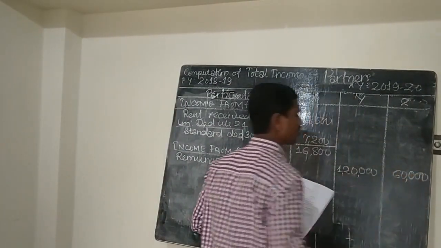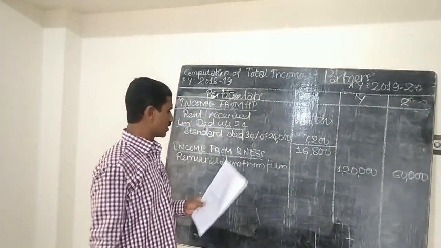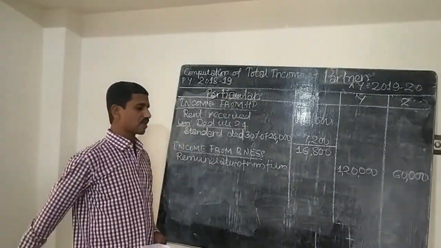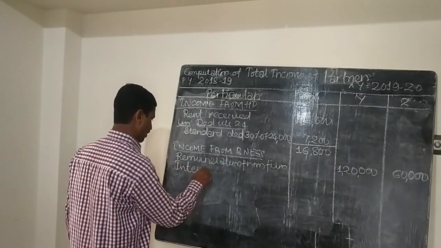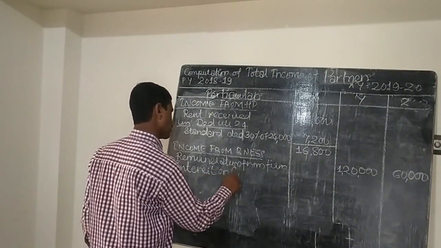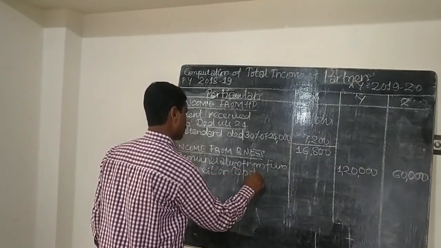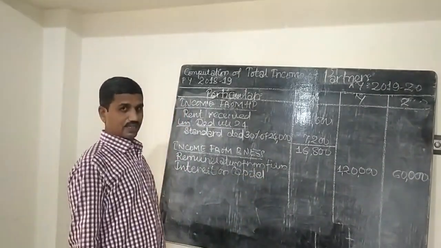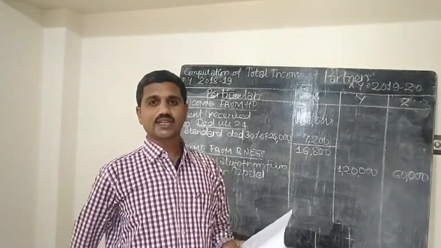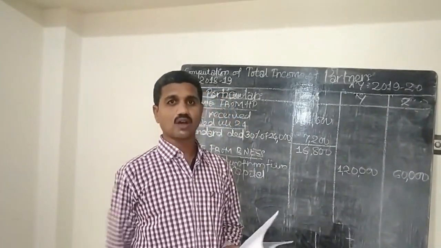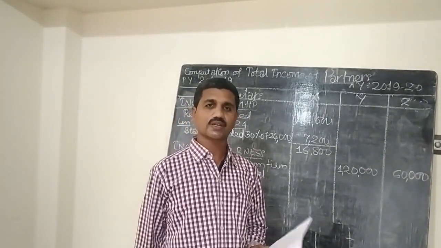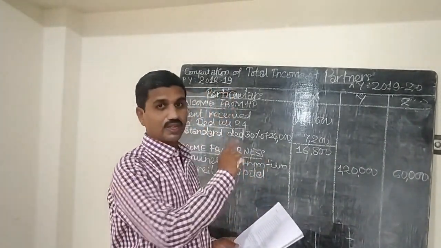Whether he receives commission, salary, bonus, totally it is called a remuneration. Then there is one more here, interest on capital. Dear students, 14% interest is allowed, but only 12% is to be taxed, because on 12% the firm will not pay the tax, whereas on the remaining the firm has to pay tax.